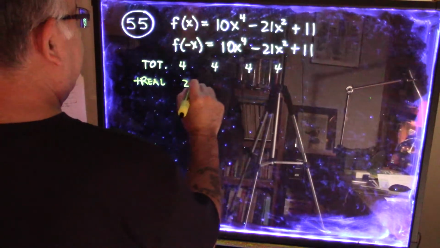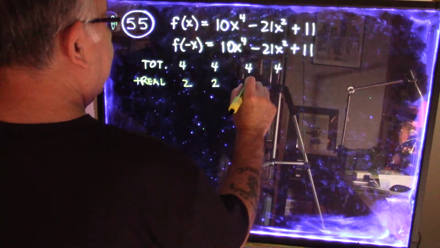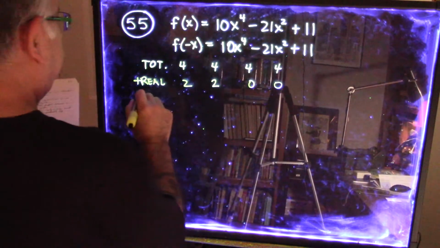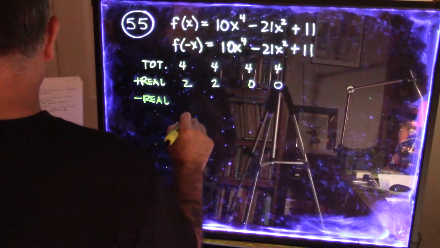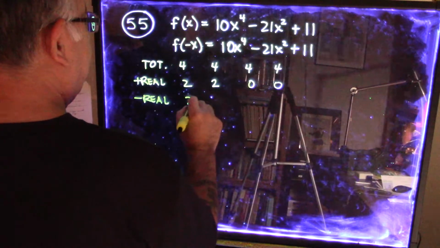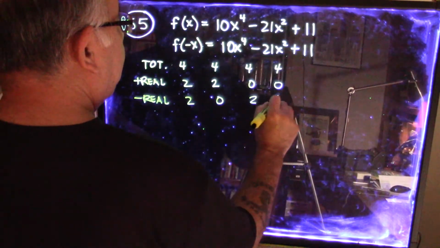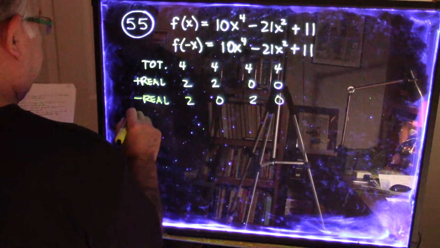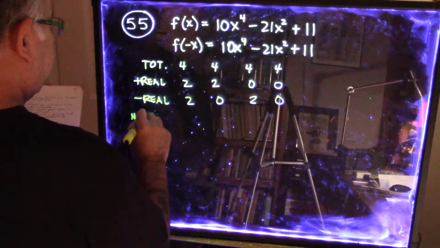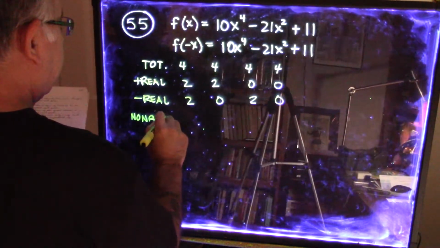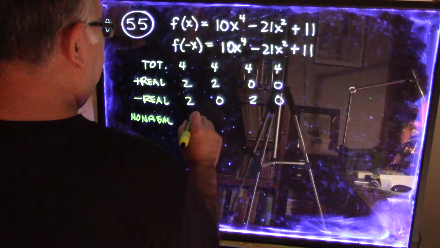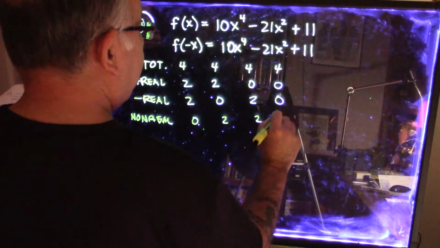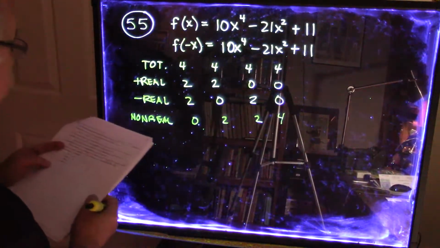We got 2, 2, 0, 0, negative real roots, 2, 0, 2, 0, and non-real zero, 2, 2, 4. Okay.